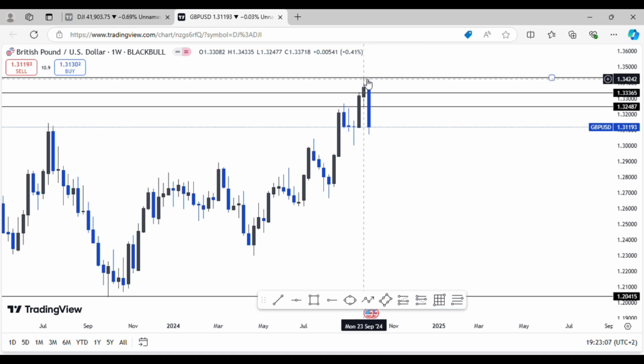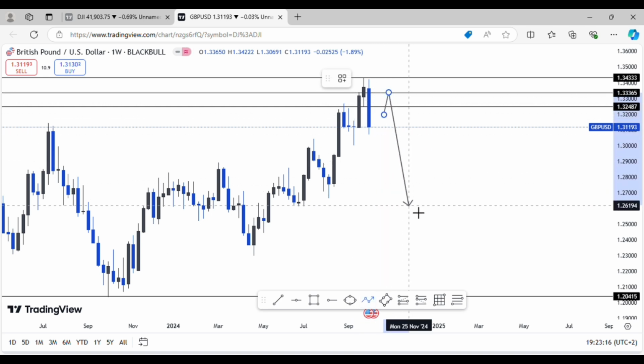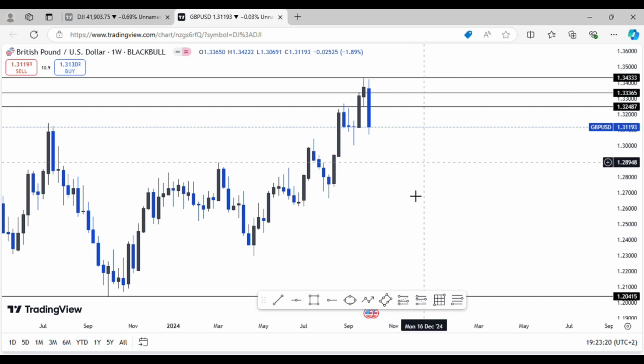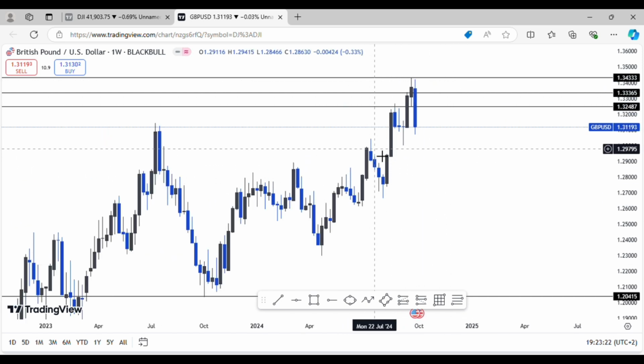Now it has to come back and retest this resistance to push to the downside. Understand? But then I just have to continue identifying my zones in order for me to be able to find the direction for this coming week. So guys, please stay tuned till I finish identifying them.